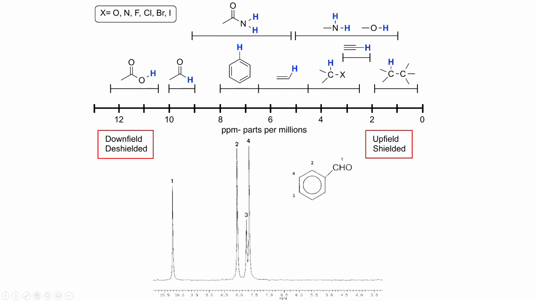As you can see here, we're starting at around 8.2 and going to 7.5. So these are our hydrogens on the benzene ring. Using these two pieces of information, we can safely determine that we did purify our benzaldehyde.